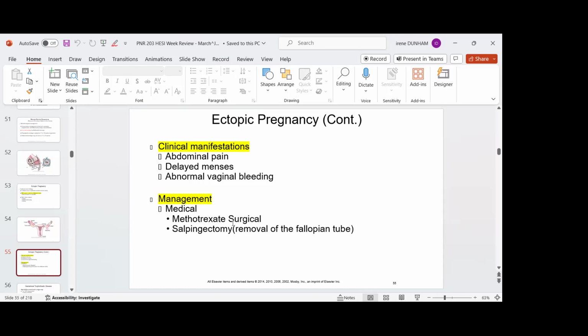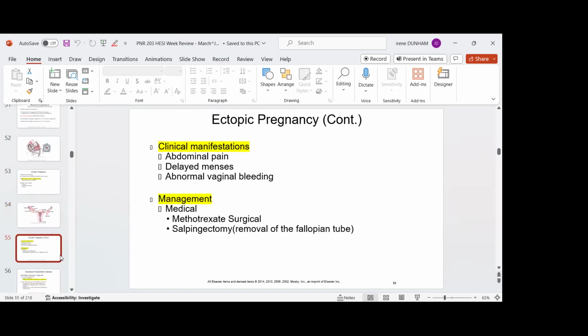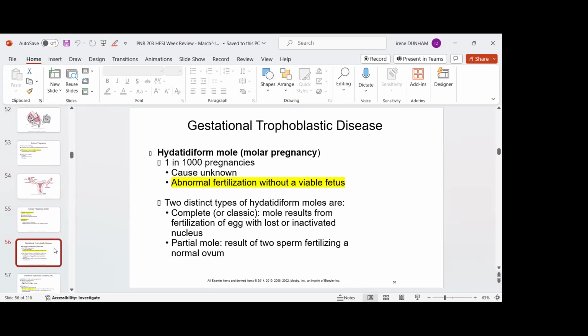Now, if you didn't get her to the hospital in an expeditious way, and she ruptured in the tube, then the tube is gone, and we have to remove the tube entirely. Now her chances of getting pregnant are going to be cut in half, because she lost the tube. So that's why you want to identify ectopic pregnancies very quickly.